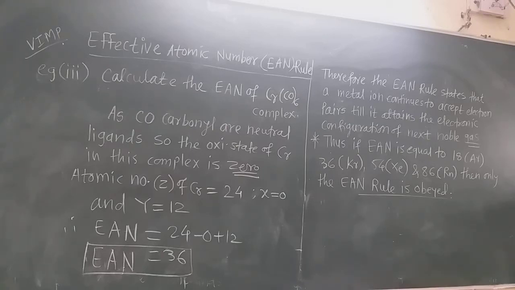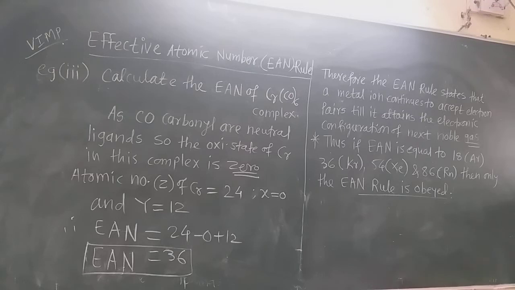Now carbonyl is a neutral ligand, and there is no charge on the complex. So the oxidation state of chromium in this complex is 0. That means no electrons are given by the chromium atom. But the atomic number of chromium is 24. We know that Z is equal to 24.